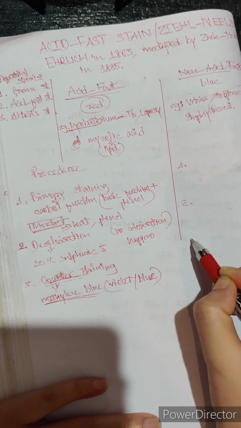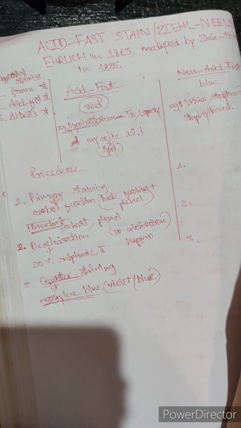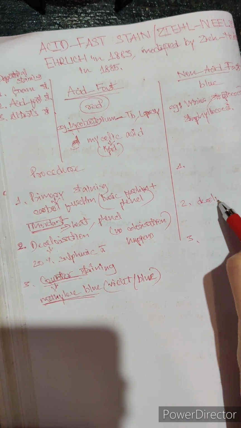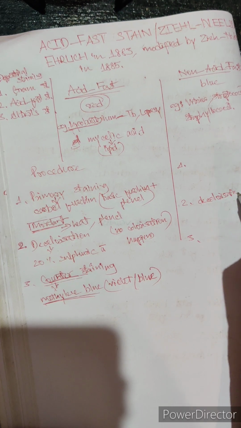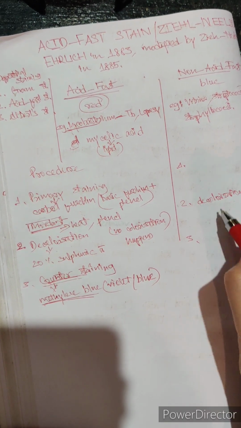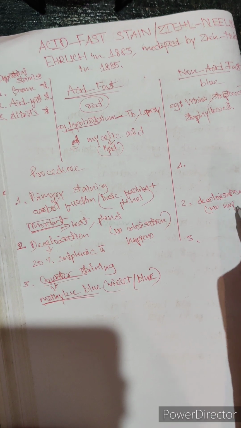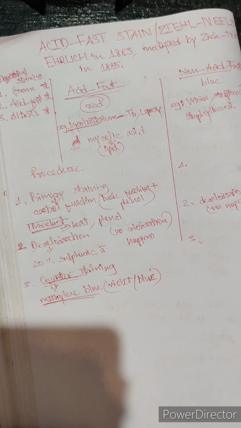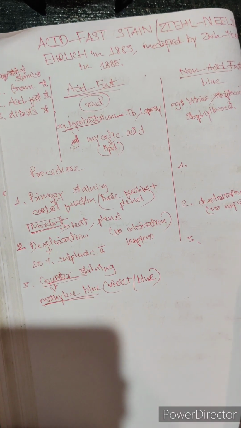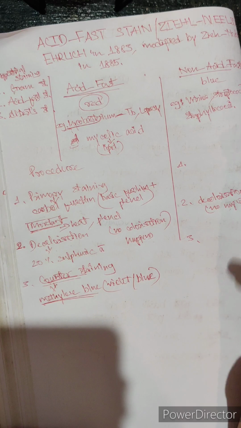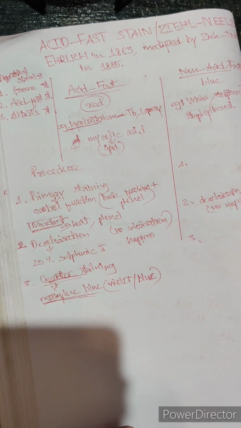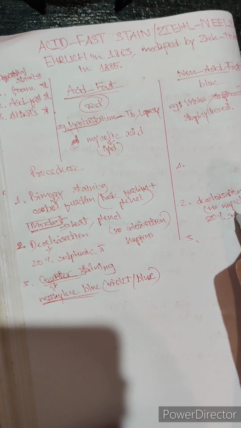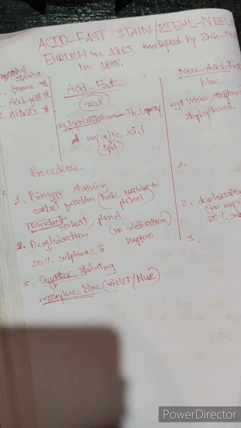But non-acid fast organisms happen to be blue in color, because during the decolorization process, let me remind you, there is no mycolic acid. There is no presence of mycolic acids or lipid or fatty acids in non-acid fast bacteria. So they are easily decolorized by your 20% sulfuric acid.